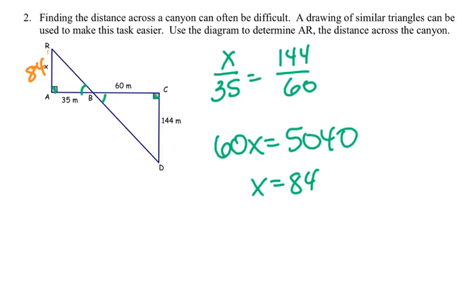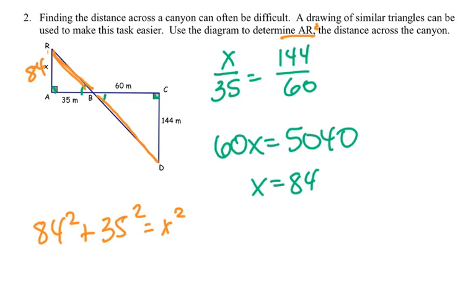And then, using the Pythagorean theorem, you could find out how long that is and how long that is, and you could find your distance across a canyon. So it just says, use the diagram to determine AR, which is x, and the distance across the canyon. I'll do the shorter length first. I'm going to say 84 squared plus 35 squared equals x squared.